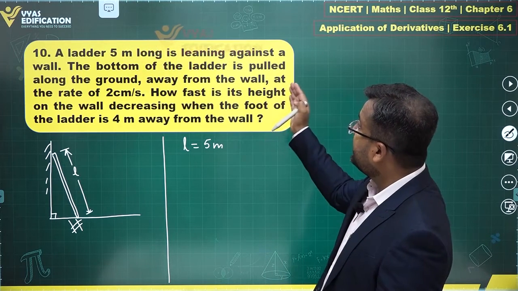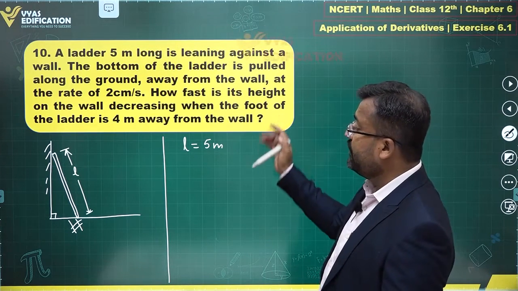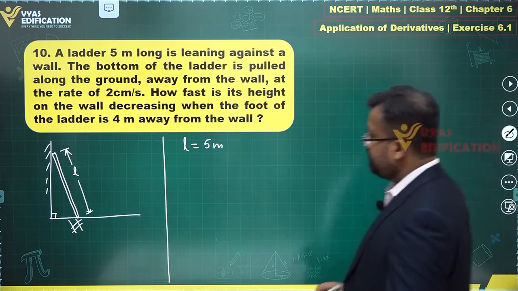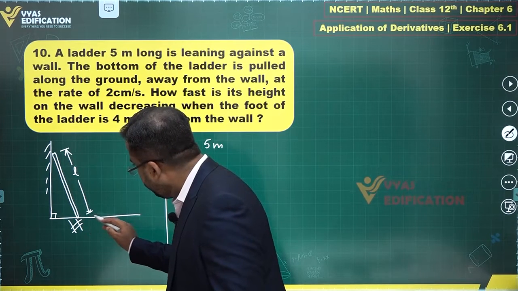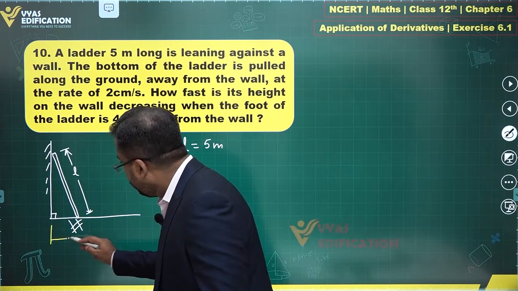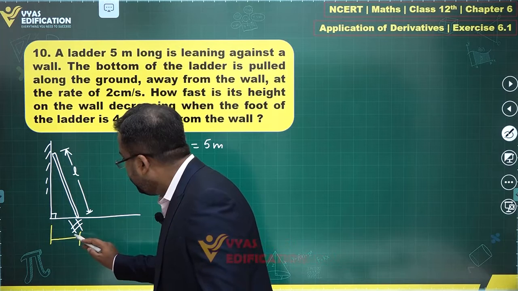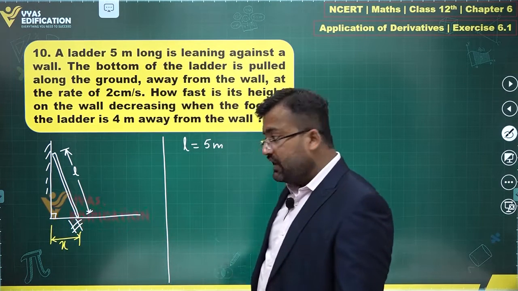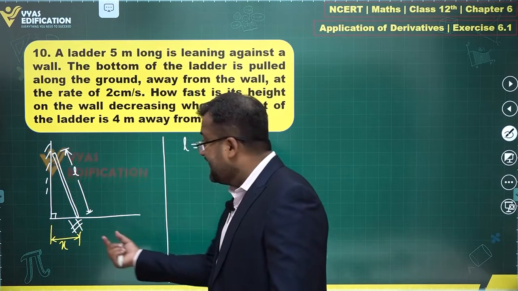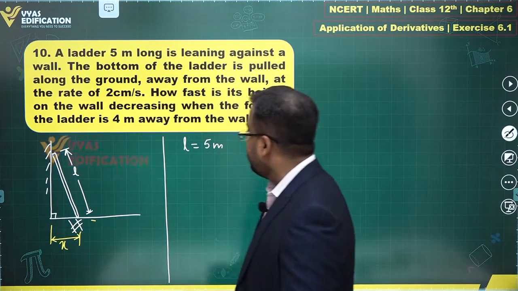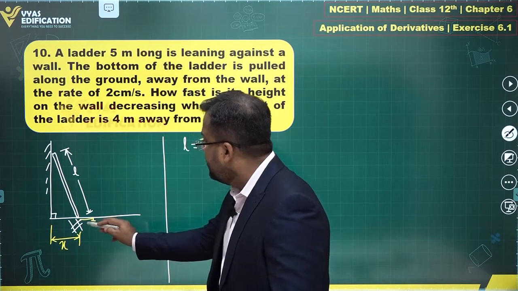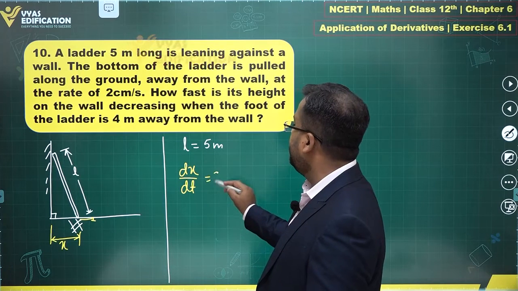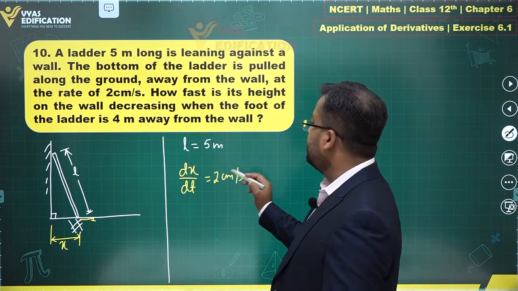The bottom of the ladder is pulled along the ground away from the wall. We are interested in this particular point moving away. So moving away from the wall would imply that this particular length, if this is equal to x, so x is increasing, this distance is increasing, this point is moving away, so dx by dt is given to be 2 centimeter per second.